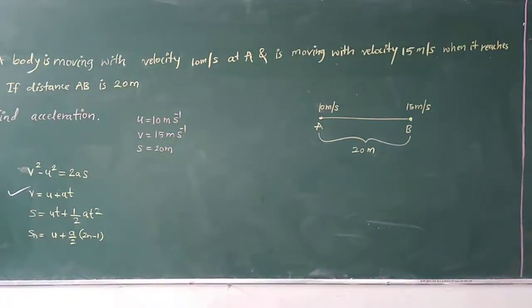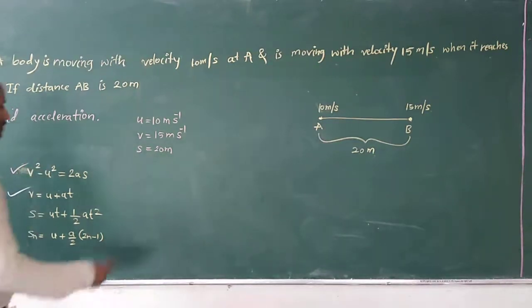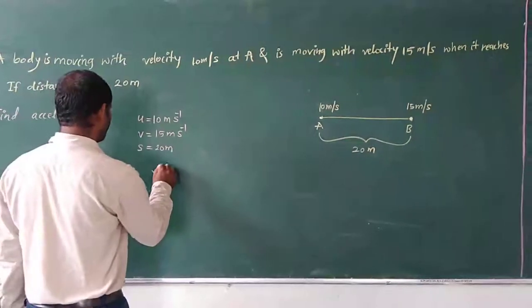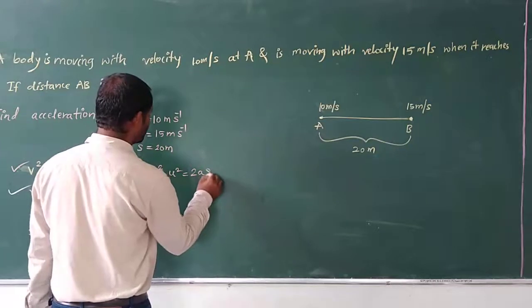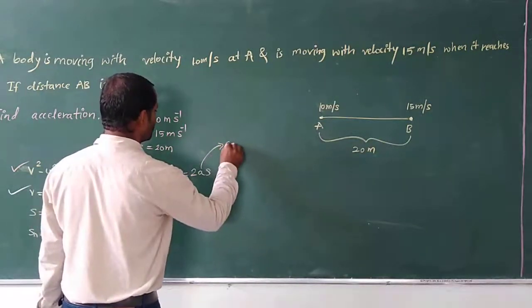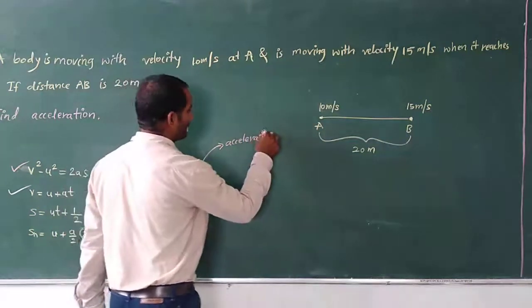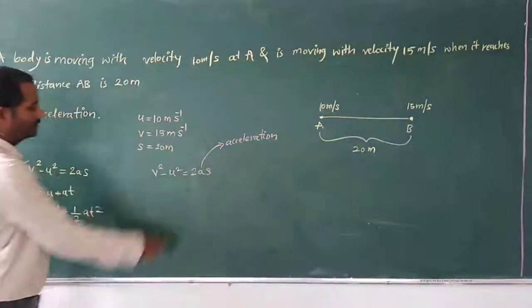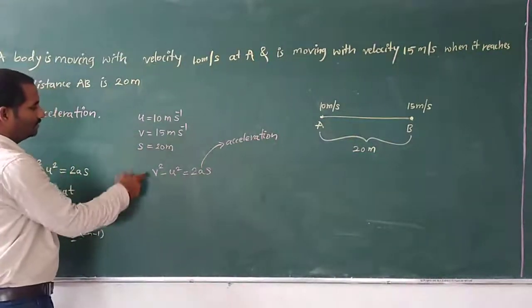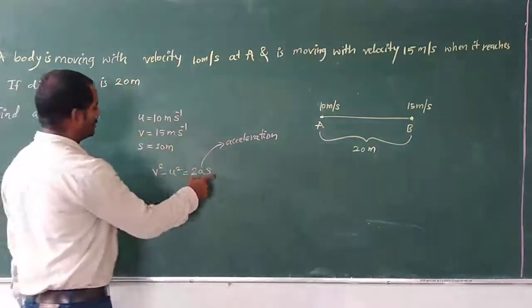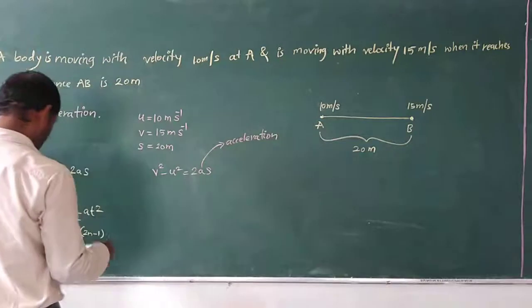Which formula? This one: v square minus u square is equal to 2as. What we have to find? The acceleration. So we know v is the final velocity, u is the initial velocity, s is displacement or distance. So we will put the values.